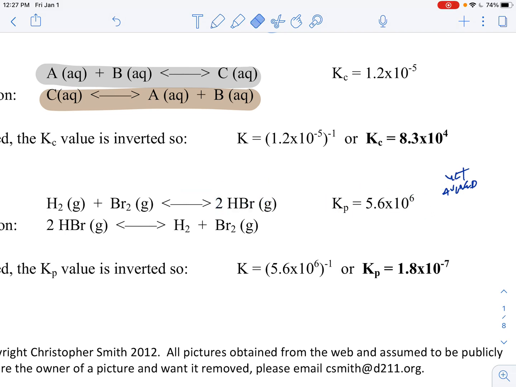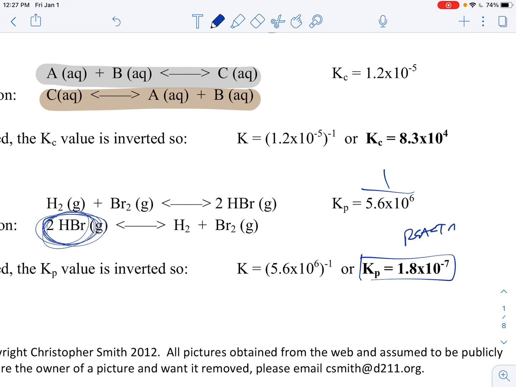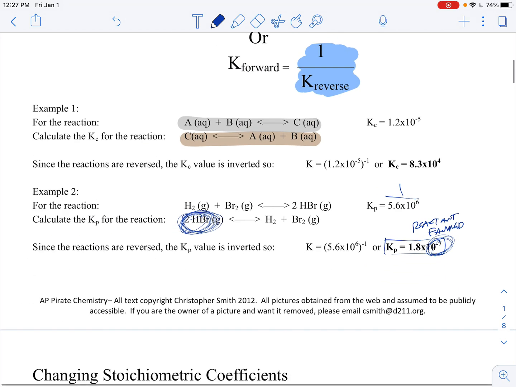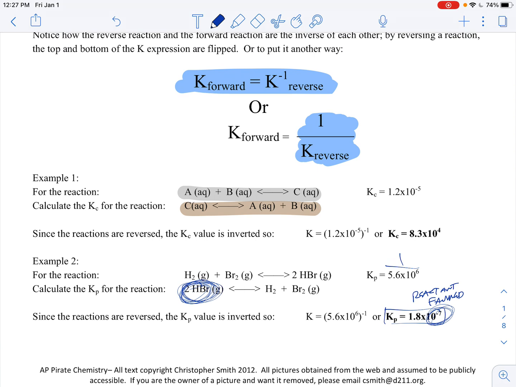Now, if I flip the equation around, it's still going to like to be with the HBr, but the HBr is now on the left-hand side. And so when I invert this number and take the reciprocal of it, I end up with a number that is very small, and it is a reactant-favored reaction now, which makes sense because it likes the HBr, but since the HBr is now a reactant, we're going to need a very small number to represent that.